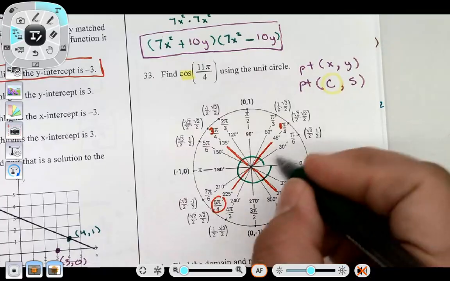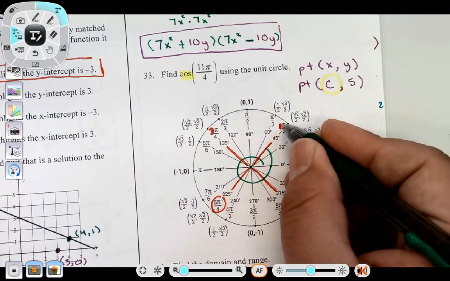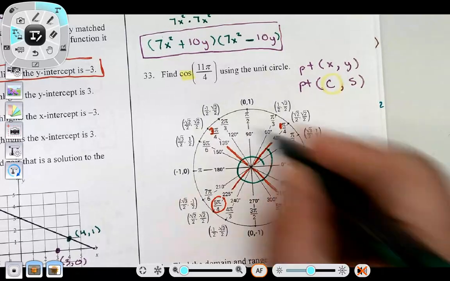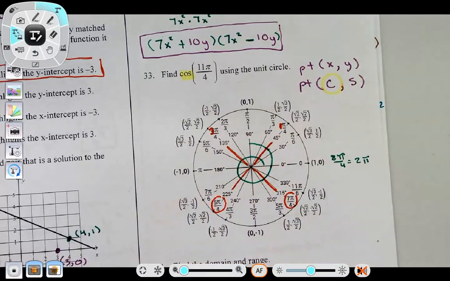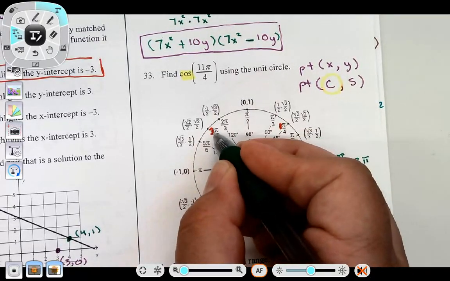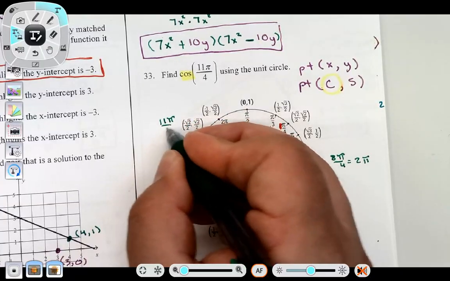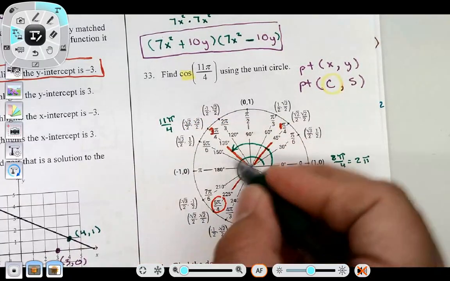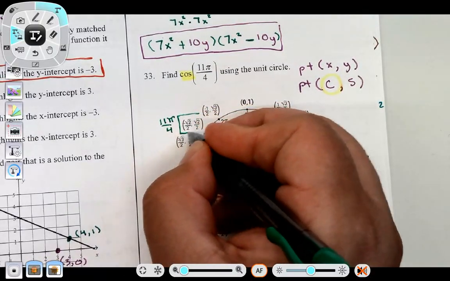So if this is 8 pi over 4, then that's 9 pi over 4 now. Look at that skip counting, which makes this 10 pi over 4, and finally we get to it. This one that says 3 pi over 4 is also 11 pi over 4. You had to keep counting until you get to it, which means this is my point.